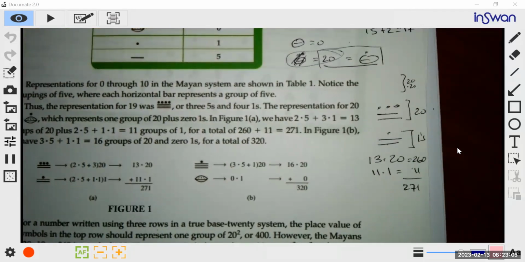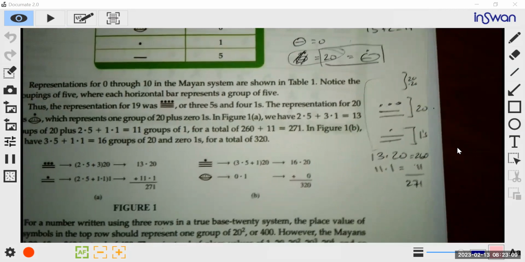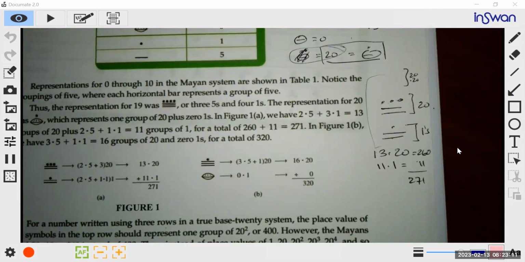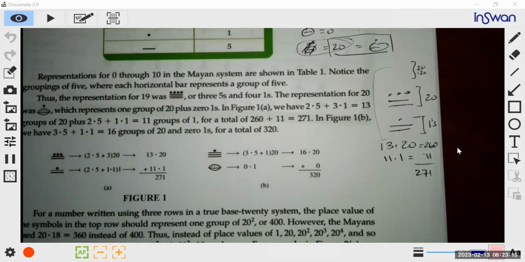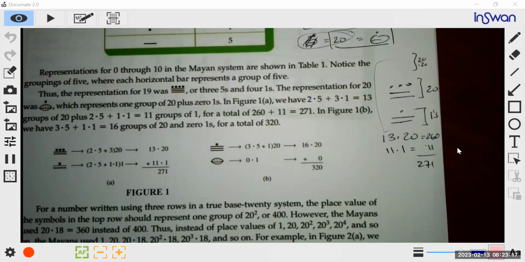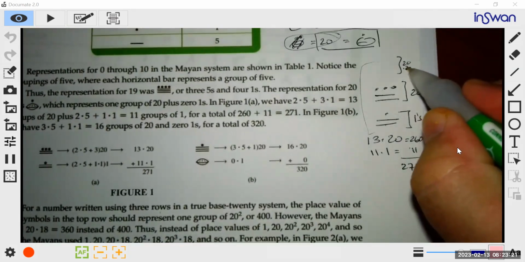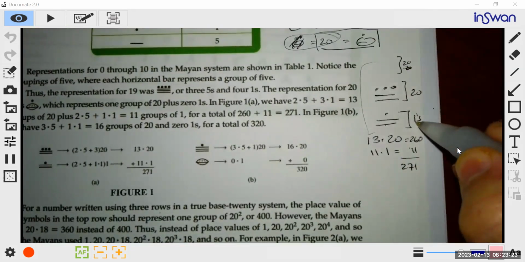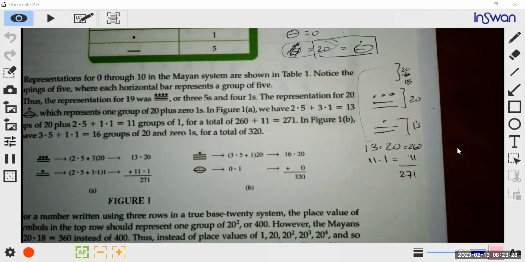So again, it's a vertical numeric system. So it's the ones, the 20s, the 20 times 18. It's not 20 times 20.